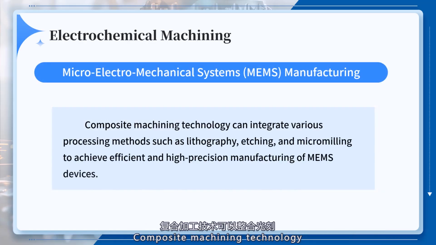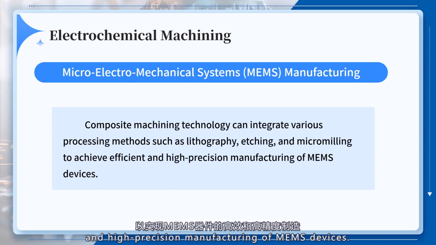Composite machining technology can integrate various processing methods such as photolithography, etching, and micromilling to achieve efficient and high-precision manufacturing of MEMS devices.